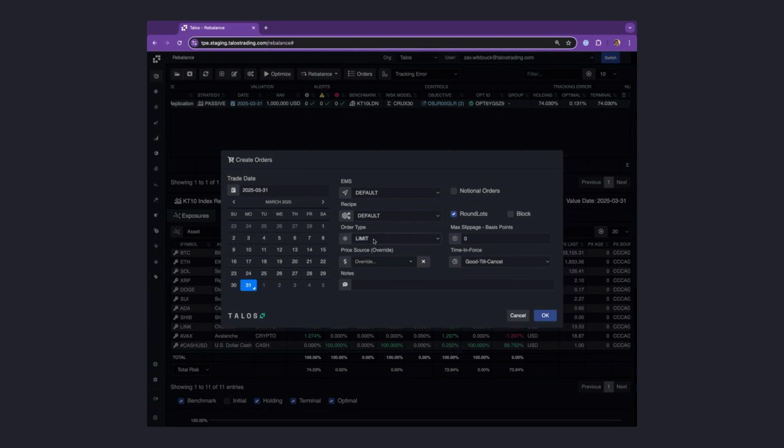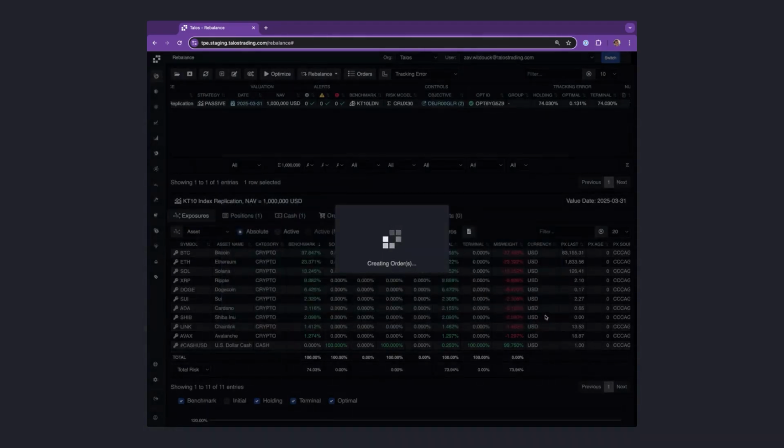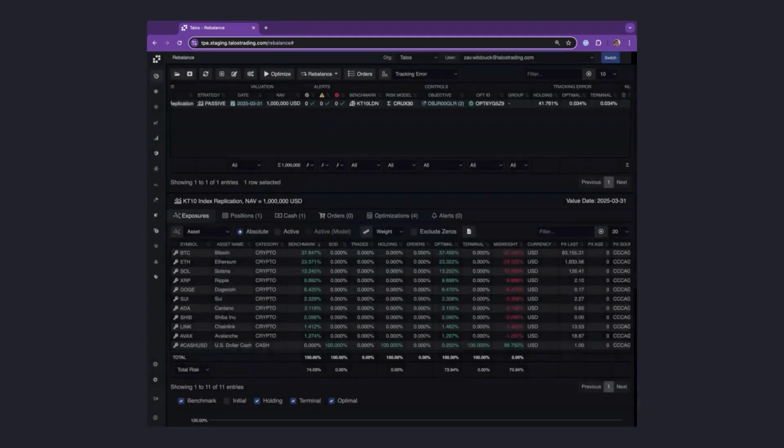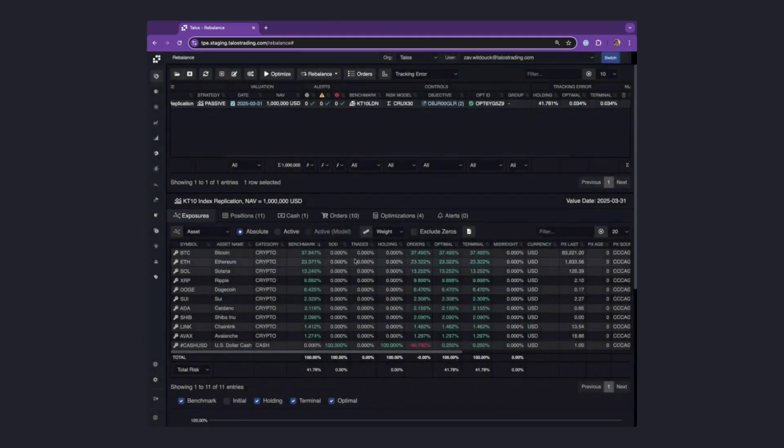I'm going to just run market orders to keep this simple, and when I click OK here, this is now going to go ahead and generate me some orders. So you can see my order tab. I've now got 10 orders in my order tab. We can actually see the exposures in percentage of NAV of those orders. So you can see we're spending 99.75% of our cash and then investing that into the tokens.